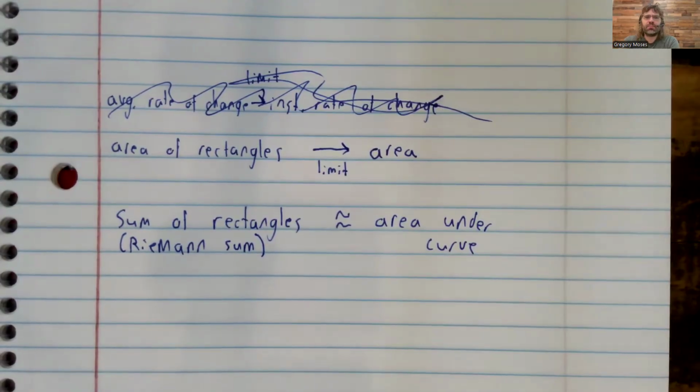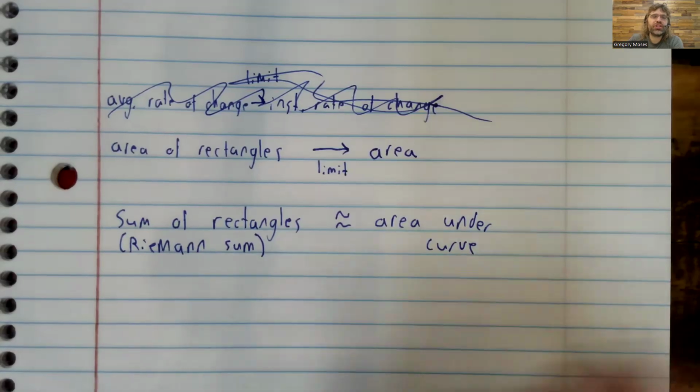I am skating through this material. It is important, but I'm mainly presenting it to get to something else that's more important. So a lot of the technicalities, like the word partition, are not being written down on this page.